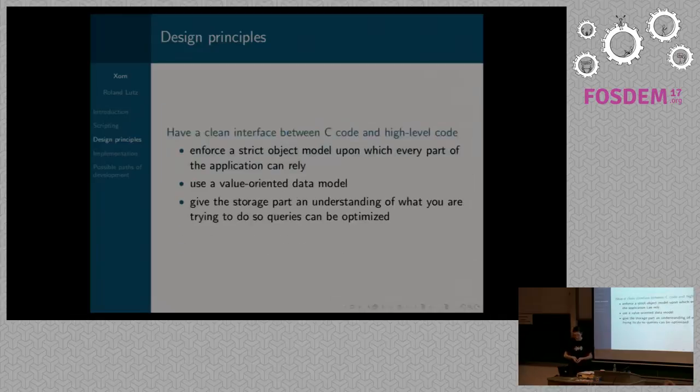So in order for this to work, what we need to have is a clean point where the low-level code and the high-level code can both access the same data without having to worry about each other's implementation details or private fields or whatever. So it is necessary to enforce a very strict object model where there are no fields private to some part of the application, so they can all in the same way access the data.